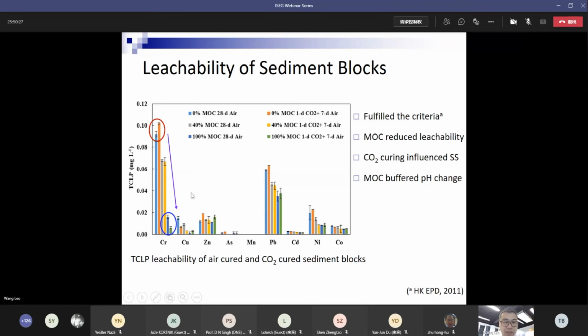Because the MgO can provide sufficient hydroxide, it has a large buffering capacity for pH change. So the binary cement system and the CO2 curing are also very effective for the stabilization or solidification of this contaminated sediment.